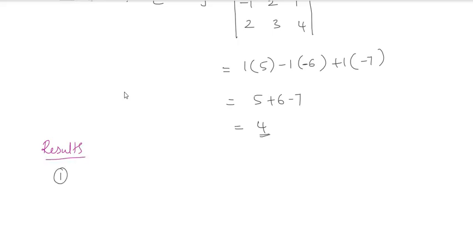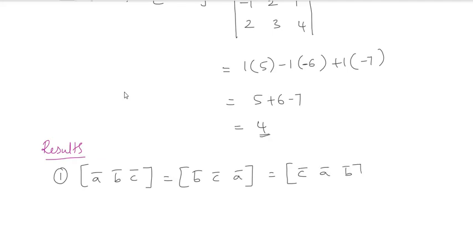The result will be this: box of a bar, b bar, c bar is equivalent to box of b bar, c bar, a bar. Irrespective of that, you can represent it as c bar, a bar, b bar. The determinant won't change with respect to this. Am I right or not?